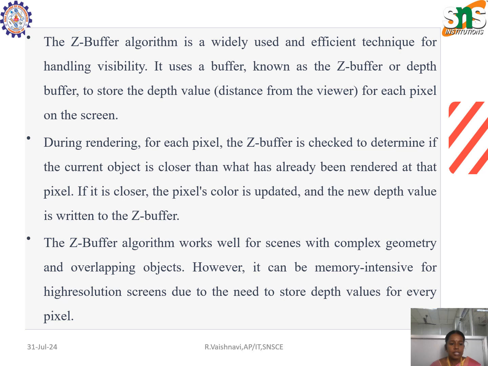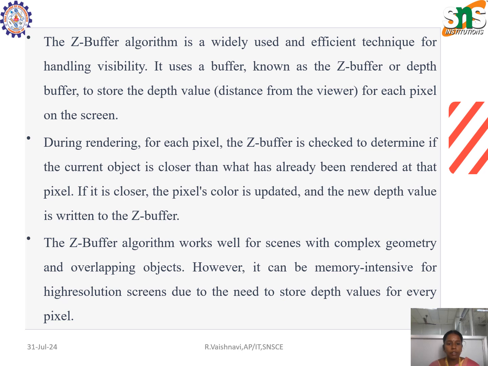Next one, the Z buffer algorithm is a widely used and efficient technique for handling visibility. It uses a buffer known as the Z buffer or depth buffer to store the depth value, that is the distance from the viewer, for each pixel on the screen. During the rendering for each pixel, the Z buffer is checked to determine if the current object is closer than what has already been rendered at the pixel.